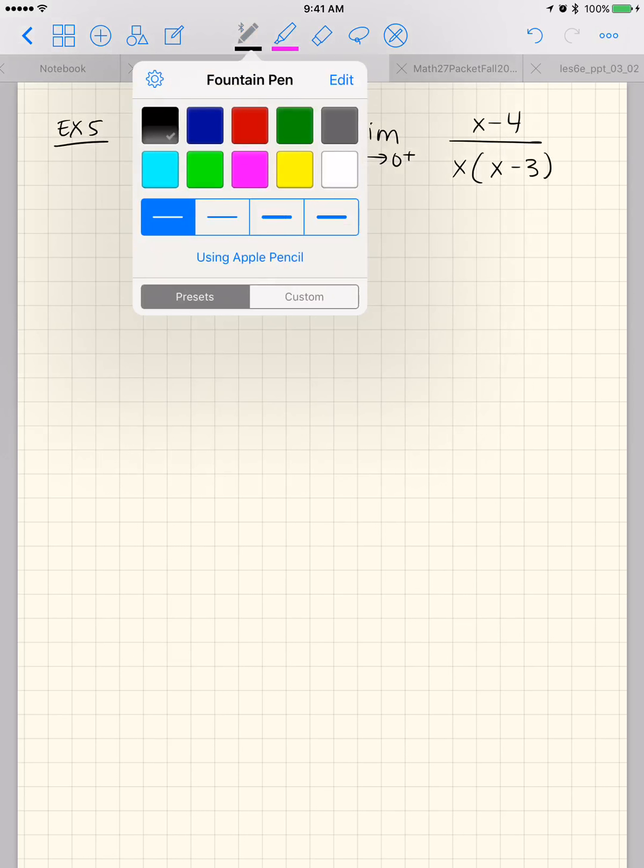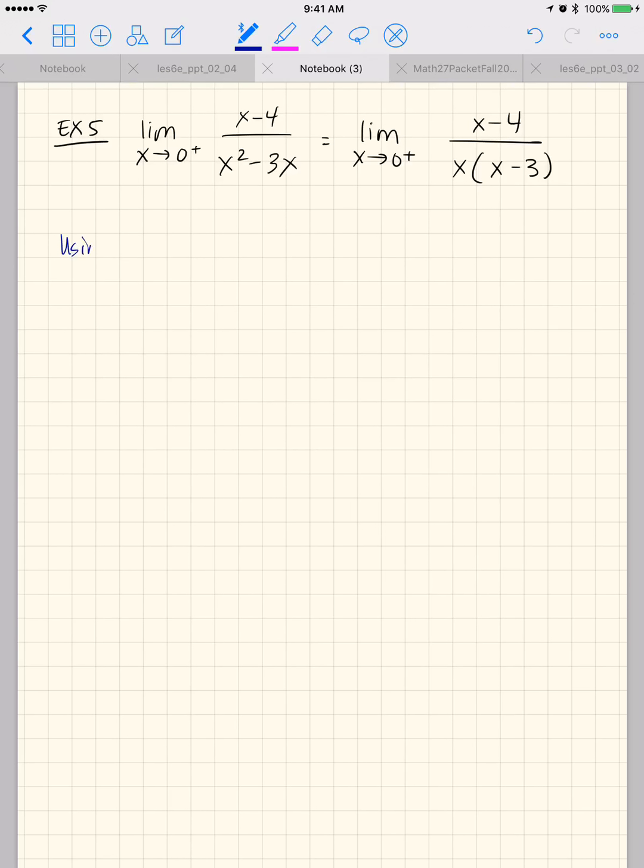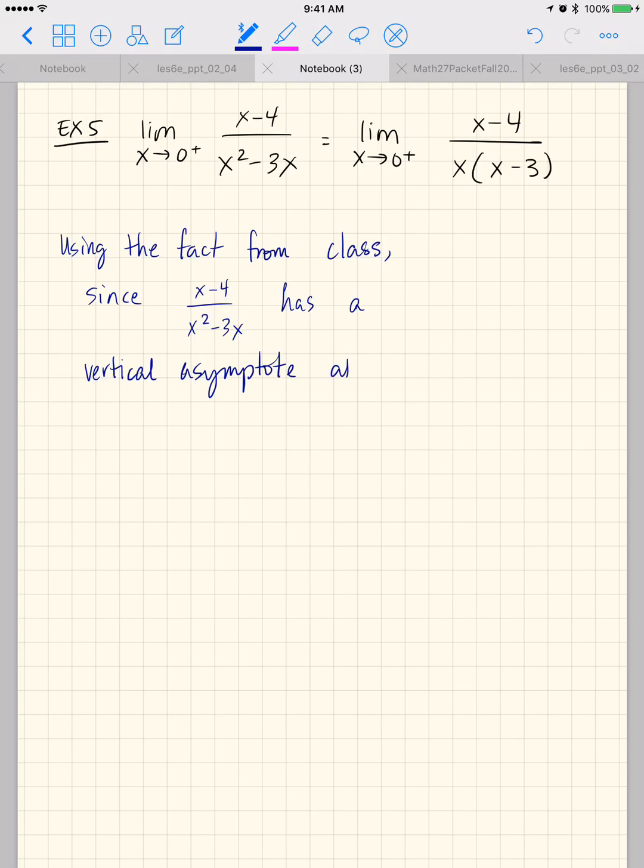Using the fact from class, since x minus 4 over x squared minus 3x has a vertical asymptote at x equals 0, the limit as x approaches 0 from the right of x minus 4 over x squared minus 3x must be an infinite limit.